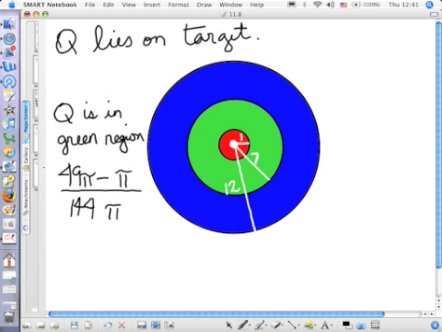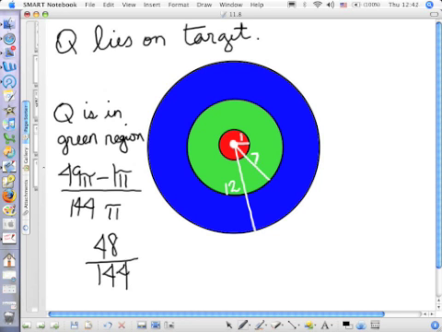What's that? Because the radius of the red is 1 and 1 squared is 1. All right, so what's 49 pi minus 1 pi? 48 pi. And the pi's cancel.